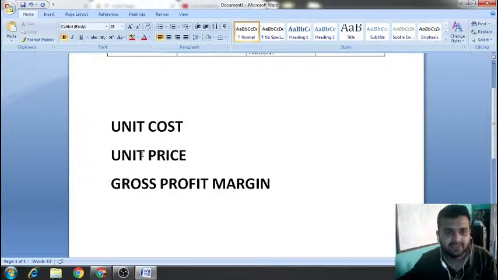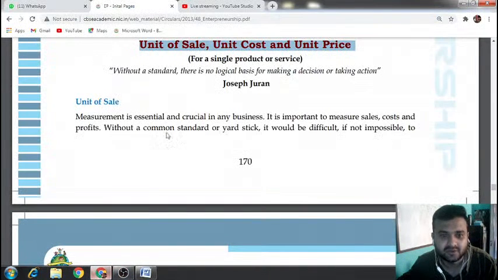So the 3 topics for today are unit cost, unit price and gross profit margin.